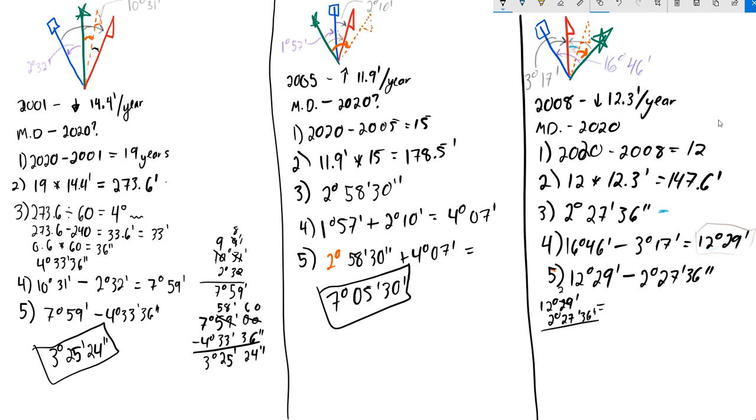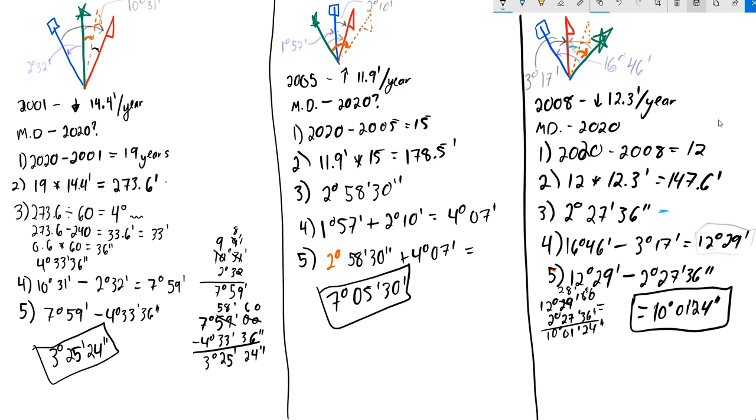Okay, so this is 28, this is 60, 5, 10, 4, 24, 28 minus 27 is 1, and then 10. So my answer is 10 degrees, 01 minutes, 24 seconds. All right, so that is how we do the magnetic declination.